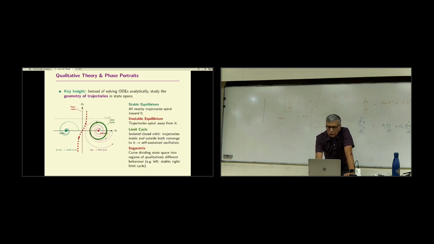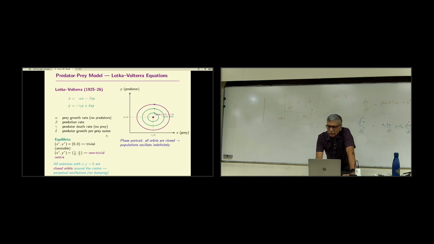Okay, so here's something related to that as well, which is you can qualitatively talk of stable points, unstable points, you can talk of limit cycles. So in this case, you have all these closed figures around a central point.